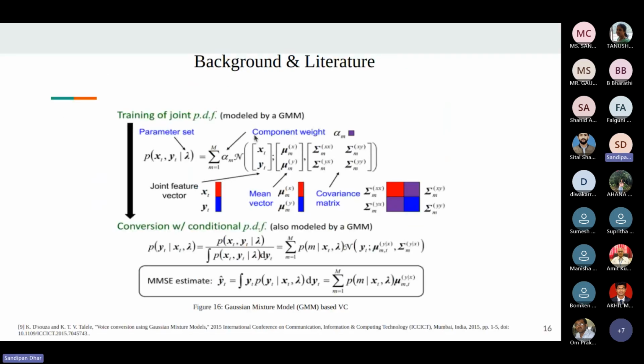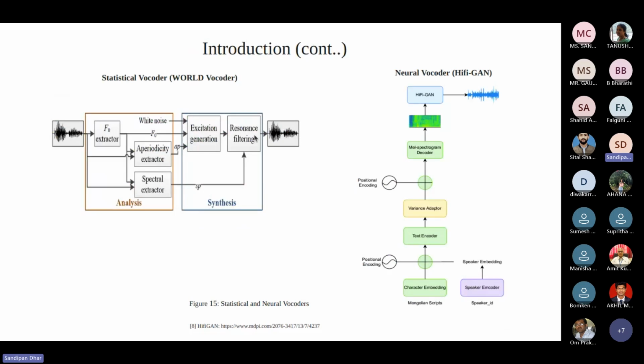Now, the selection of these vocoders also plays a very significant role. Maybe it may happen that the mapping function G, we have trained it very well. Whether we have selected a statistical model or a generative AI model like GAN, VAE, or diffusion, we train the model very well, such that given a new speech feature representation of the source domain, it can very perfectly convert it to the target domain.